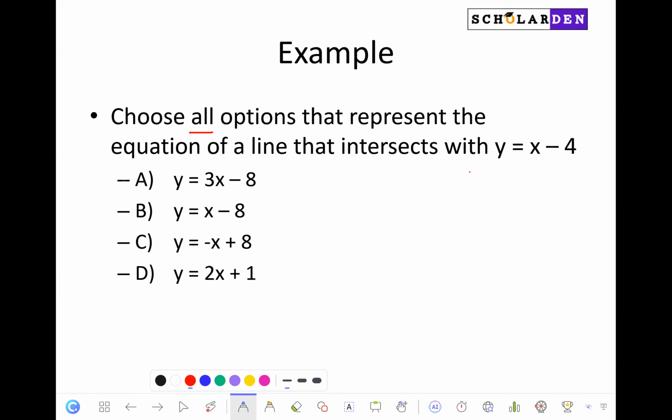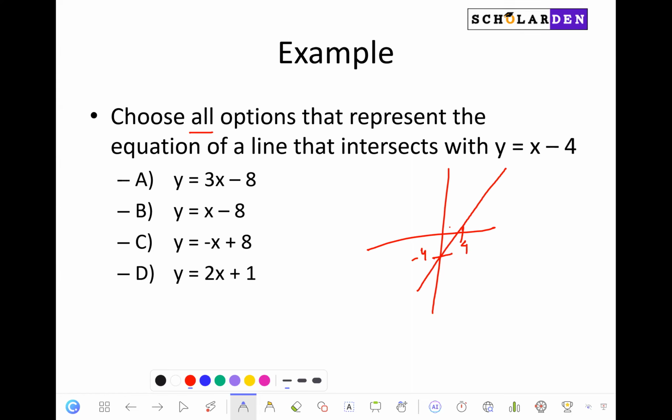The only thing we need to understand is that if any line has a slope equal to the slope of this line, it is parallel to this, and it is only going to intersect with this if both of these lines are collinear. For example, y is equal to x minus 4 is going to look something like this, because this is minus 4 and this is plus 4.